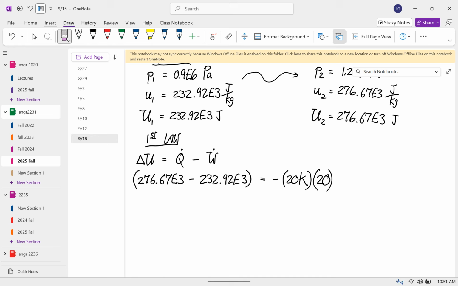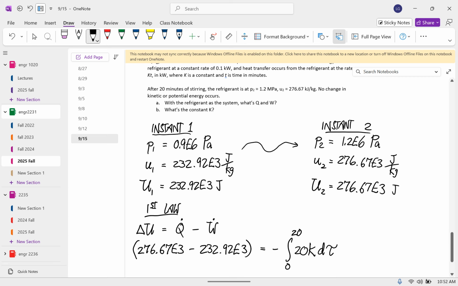And then, well, we can't just do it that way. We need to do this as an integral, actually. So we're going to do this as an integral of 20K dt as we go from 0 to 20.